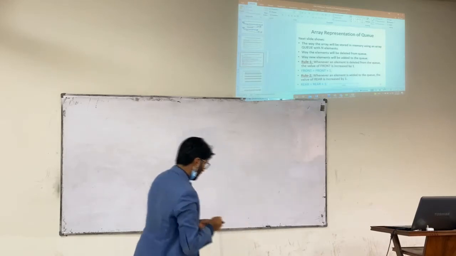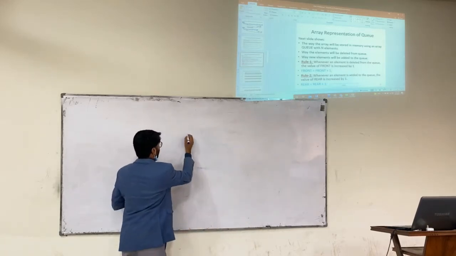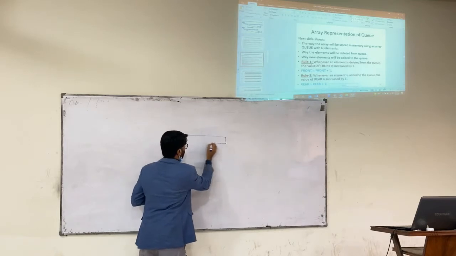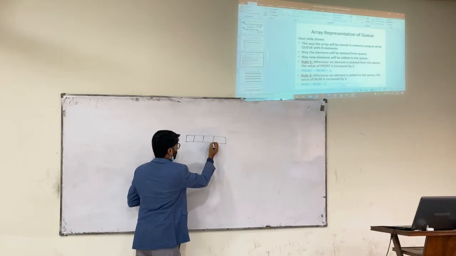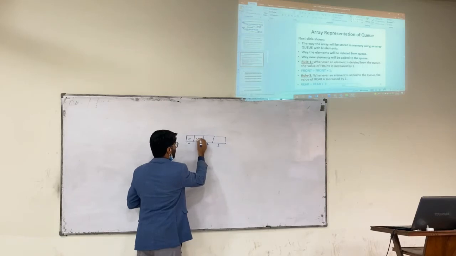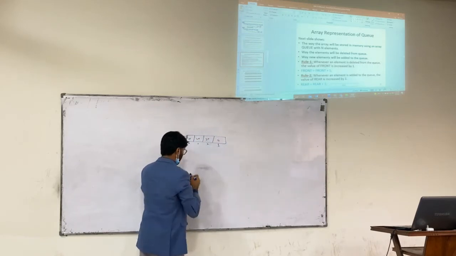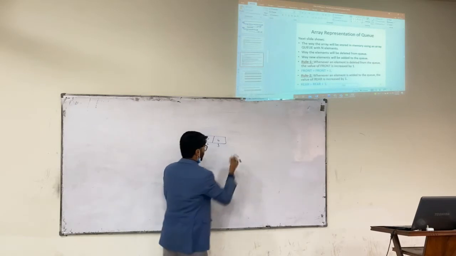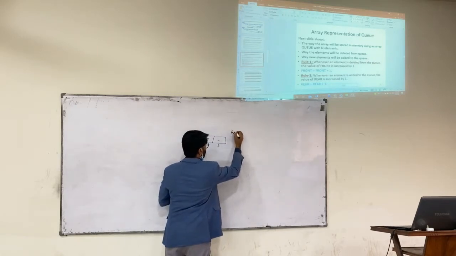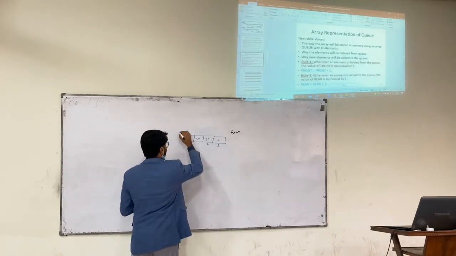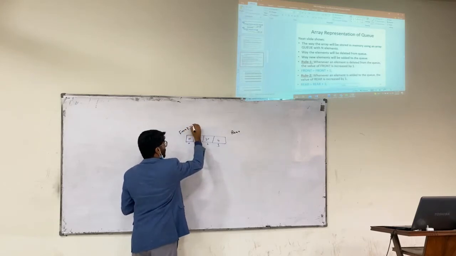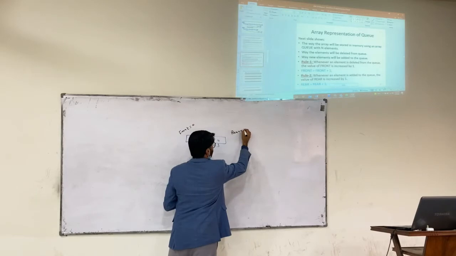This is our array representation of the queue: 0, 1, 2, 3 with 10, 20, 30 and 40. This is your rear. Front is at this position, it is 0, and rear is equal to 3.